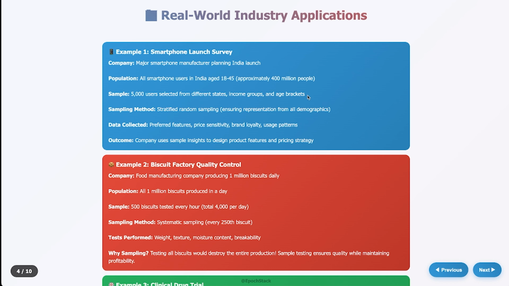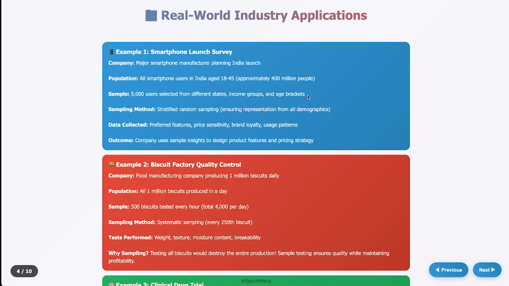The third one is brand loyalty, that means whether the users will switch to a new brand. And the fourth one is the usage pattern, that means how many hours they spend on social media like Instagram, Facebook, their usage pattern on the smartphone.